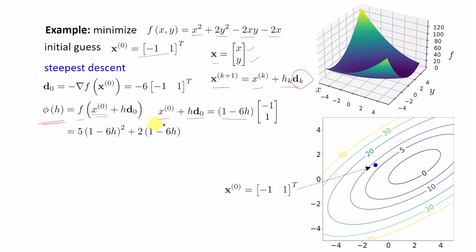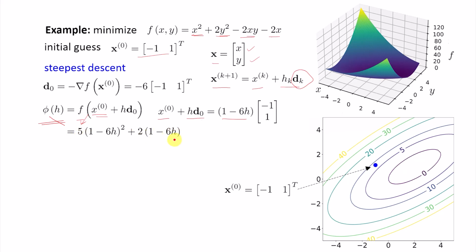So I put this value over here, and my x is −1 + 6h, y is 1 − 6h. I put these x and y values into the function, and based on that I get the expression of f(x0 + h d0), which is my phi of h. You can see that this is a function of h only.